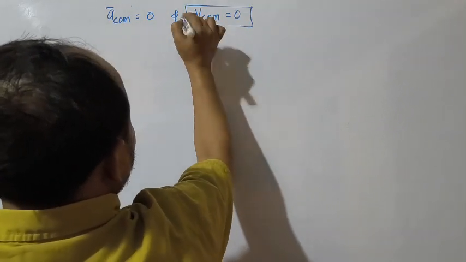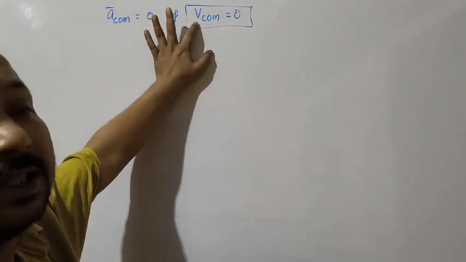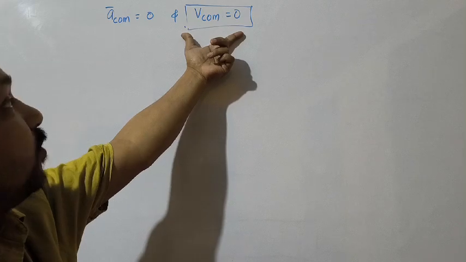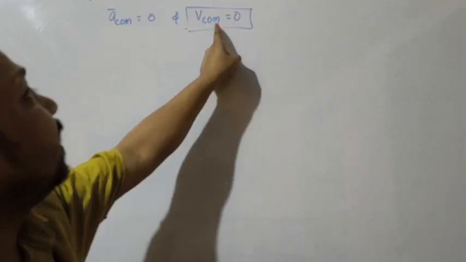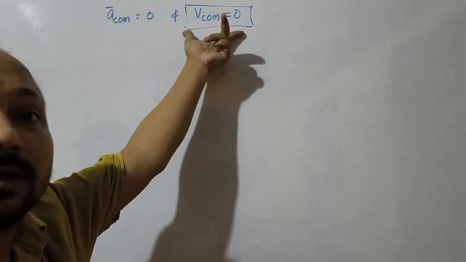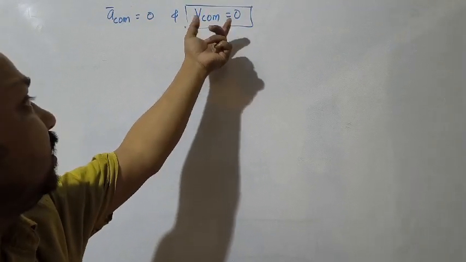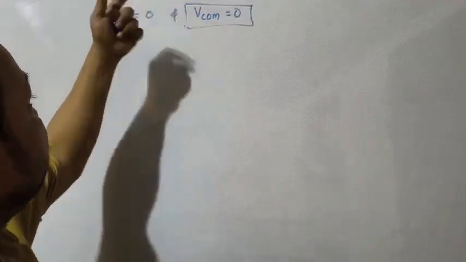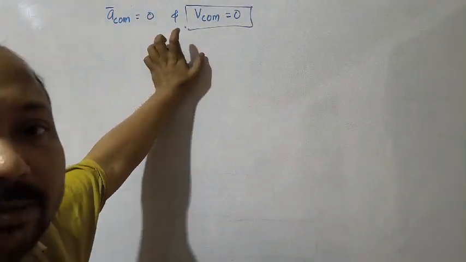Why? The velocity of the center of mass remains constant, and since they are initially at rest, it will be 0, and after any time this will remain the same, that is, constant. On the basis of this concept there are many problems that can be solved.